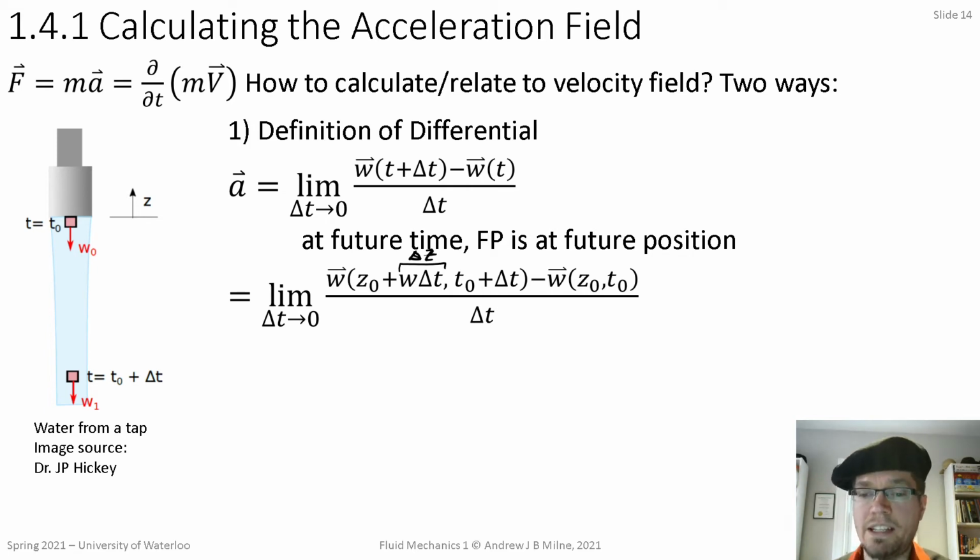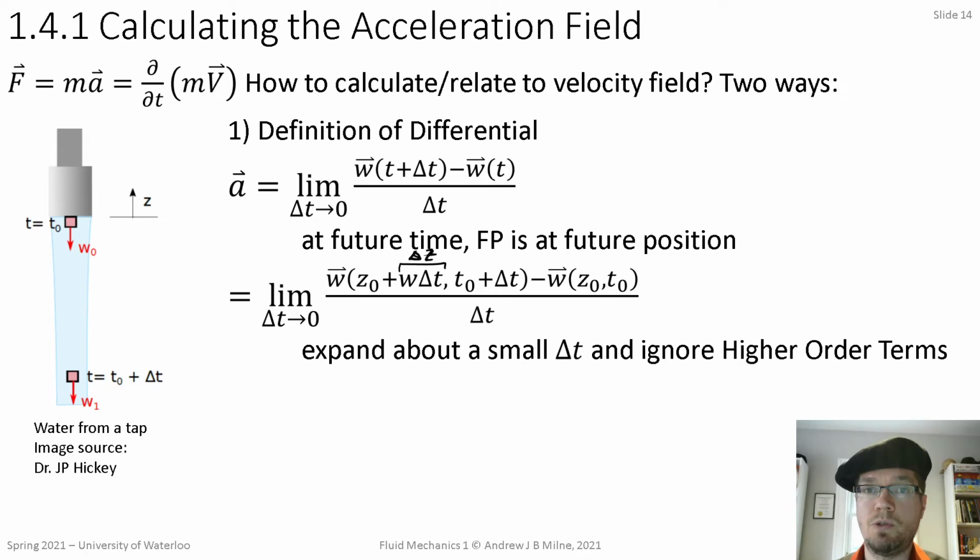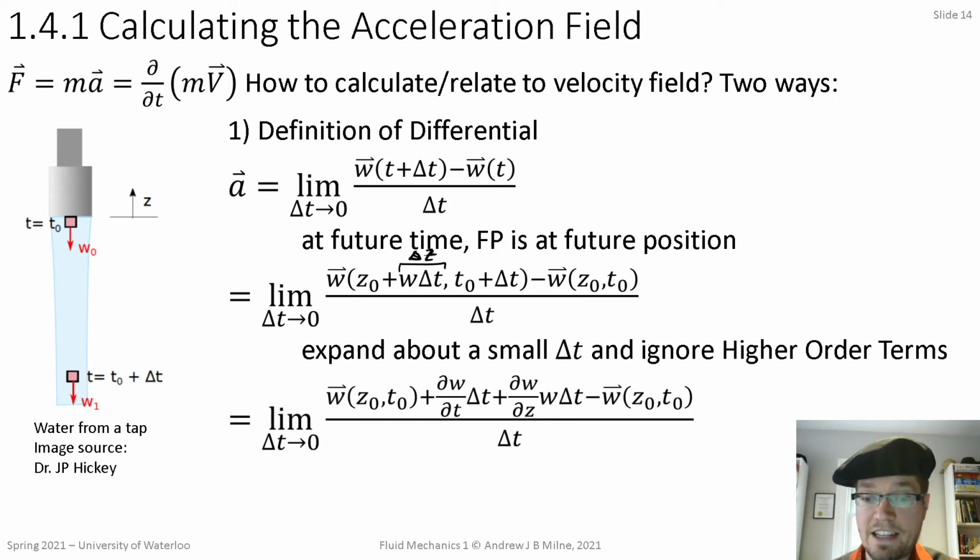So what is the velocity at z plus a small delta z and at t plus a small delta t? Well, here's where we can use our calculus trick of expanding about a small delta t and a small delta z and ignoring the higher order terms. A function at a reference value plus a small delta is the function at that reference value plus the differential, etc., etc. Let's write that.